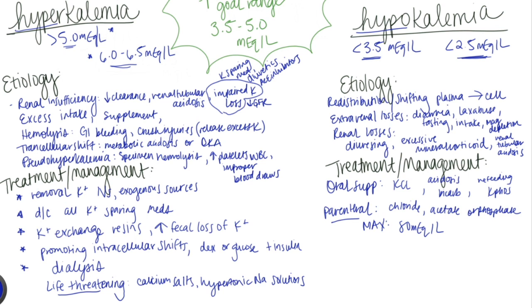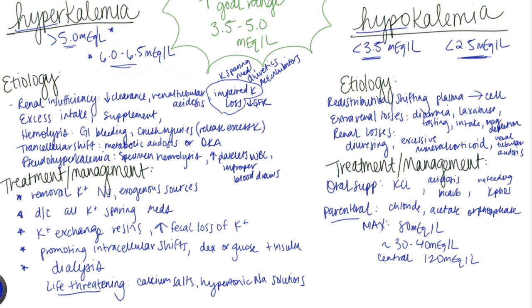But really, infusions should probably be about 30 to 40 milliequivalents per liter, unless there's really severe hypokalemia present. If you're looking at a central line, you can go upwards of 120 milliequivalents per liter. So a little more flexibility on administration with a central line.